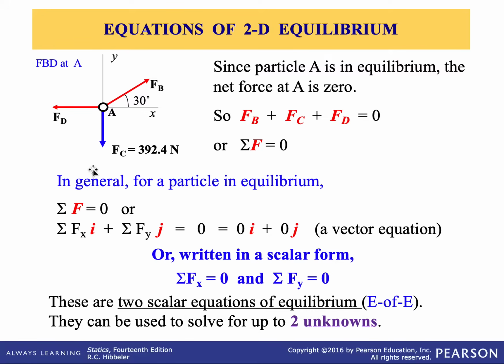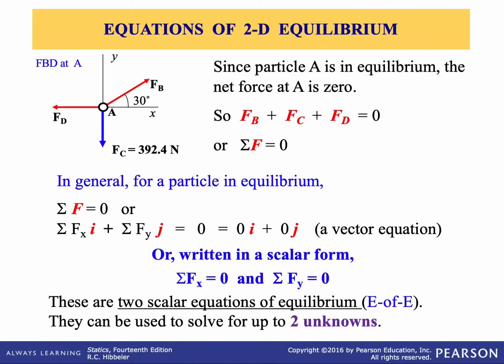This FC is a known force, which is the weight in kilograms multiplied by the gravitational acceleration, which is 9.81, and I have two unknown forces, FD and FB, and the angle with the positive x-axis. So since the particle is at equilibrium, that's our assumption, the net force at A in all directions should be 0.